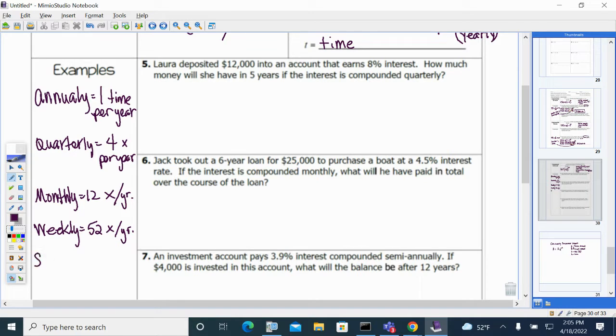Semi-annually. So semi-annually is going to mean twice per year. There's one on here that looks like it says bi-monthly.